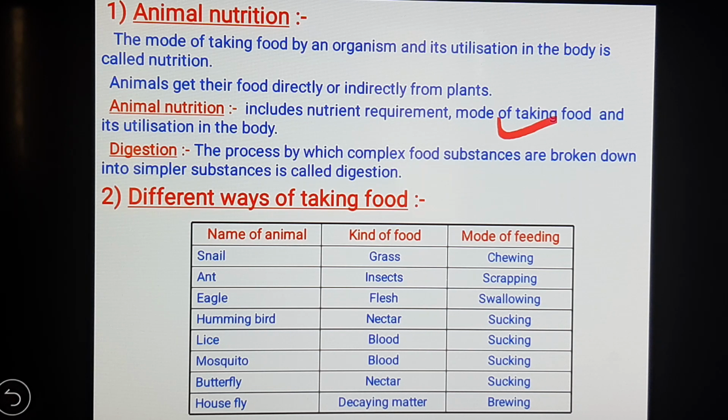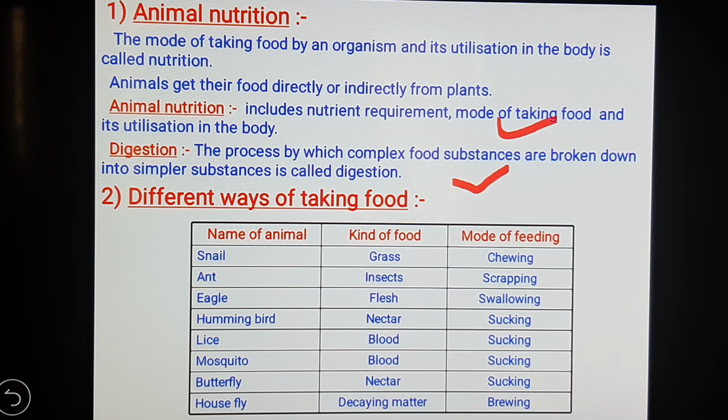Now what is digestion? The next point is what is digestion. So digestion is a process by which complex food substances are broken down into simpler substances.